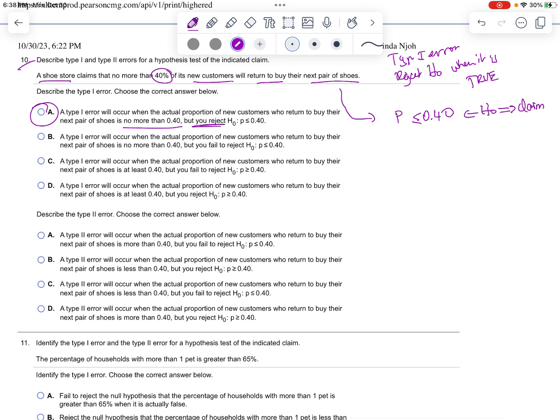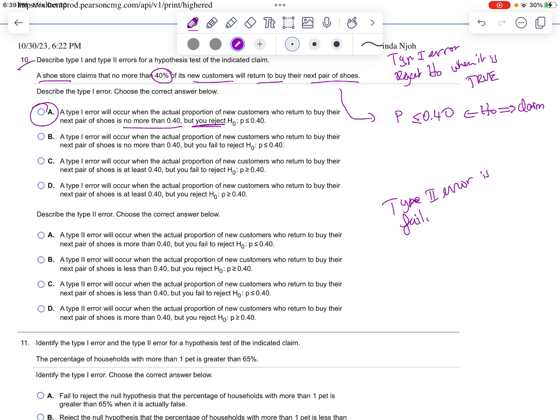It means that it might be no more. The type 2 error will occur when the actual proportion of new customers who return to buy their pair of shoes is more than, not no more. So the other statement will be more than. It's more than 40%, but you fail to reject it.